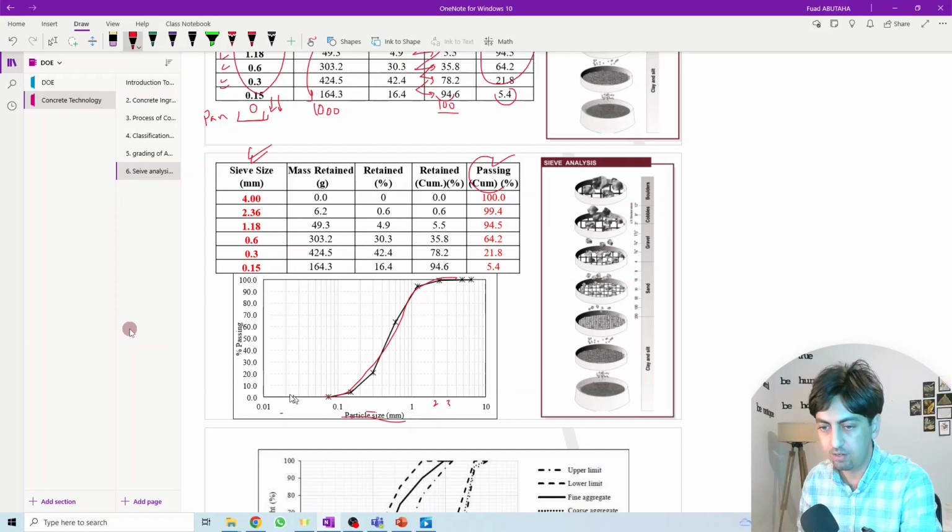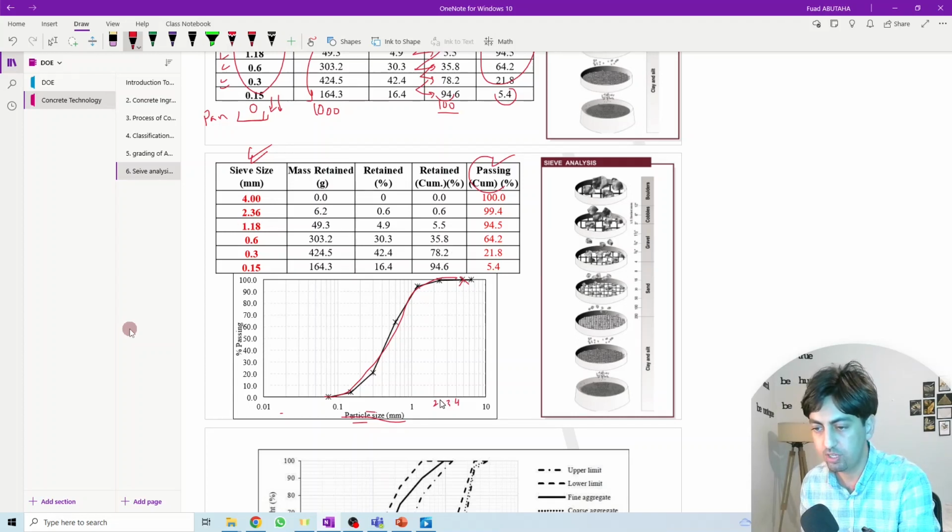Based on this, we start to draw the relationship between the sieve size and the cumulative passing. Starting with 4, where is 4? This is 1, 2, 3, 4. At 4 we have 100%, so it will have this point here. 2.36, where is 2.36?